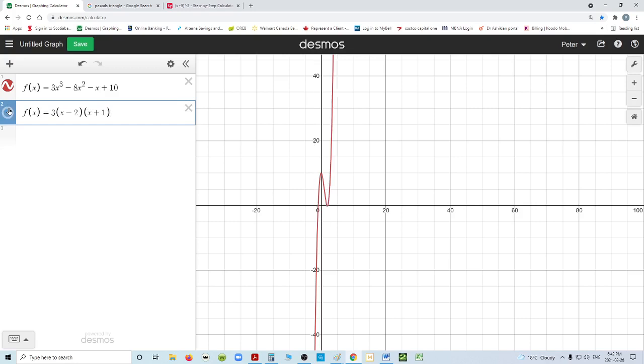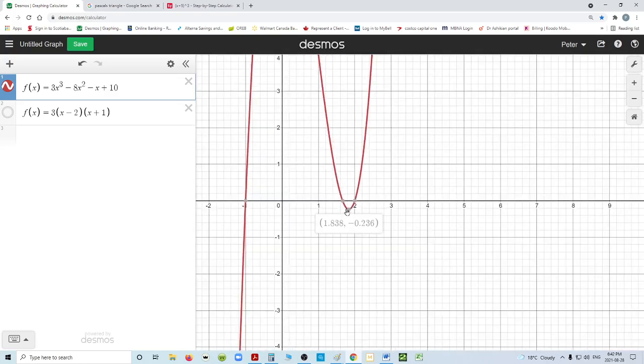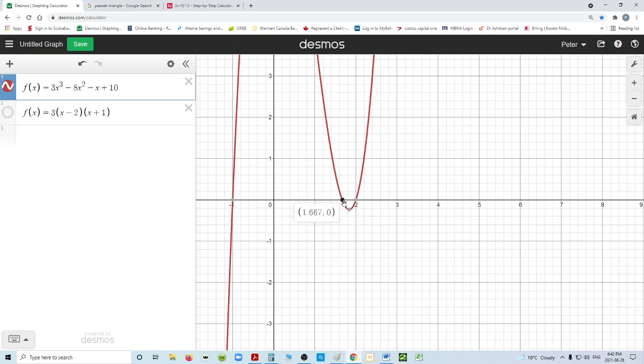Let's have a look at this again. Yeah, it's going to go through that. Oh, it's got to bounce back twice here. Here we go. So it's got another zero at 1.67, which is interesting.